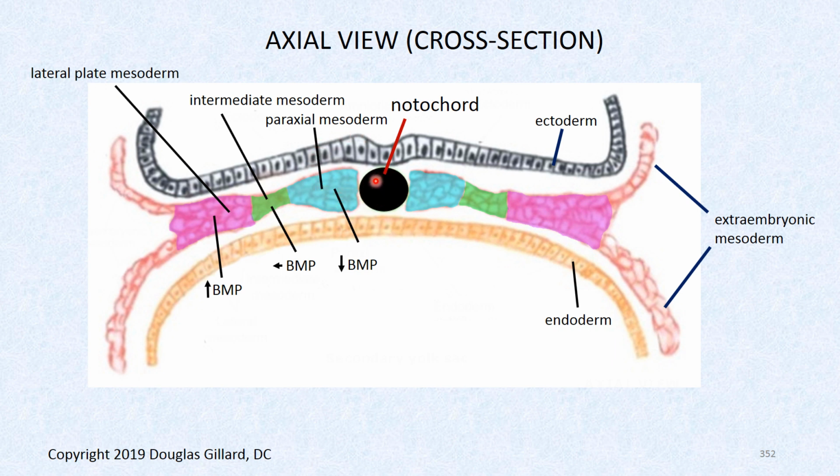Okay, back to our little picture again. Nodal cord, this is in the midline. We're looking from cranial to caudal, kind of an axial view for purists, I guess. And paraxial mesoderm is in blue here. If you took a tissue sample of this, there's not a whole lot of BMP being made here. If you took a tissue sample here, there's medium levels of BMP being made, so medium genes are turned on.